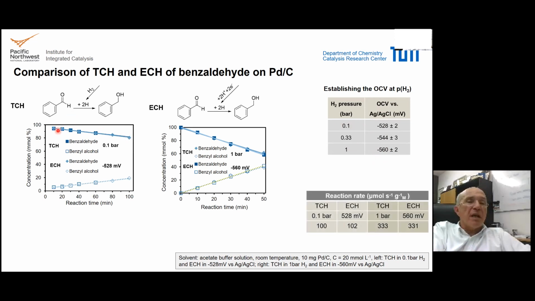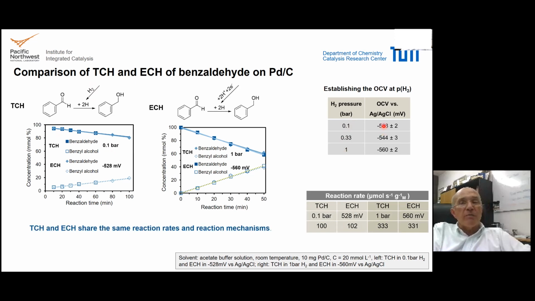So in both cases, both for 0.1 bar as well as for 1 bar, the rates between an electrochemical hydrogenation and the addition of hydrogen are identical as long as I have the equivalent of the same hydrogen chemical potential and or the same electric potential from the outside.